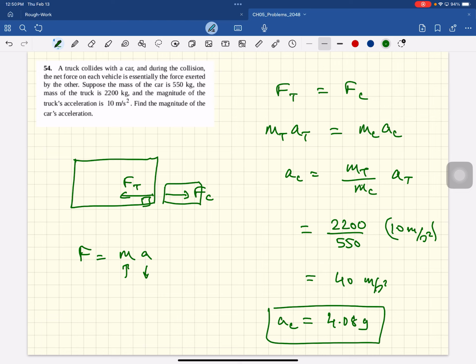So if you're sitting in the car, you experience an acceleration of 4.1 g's.